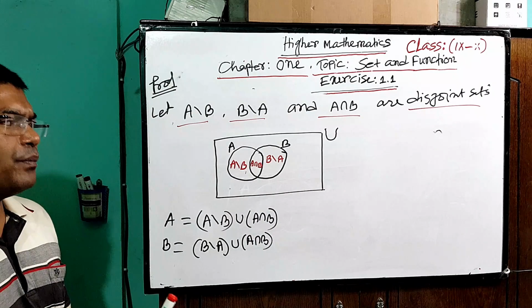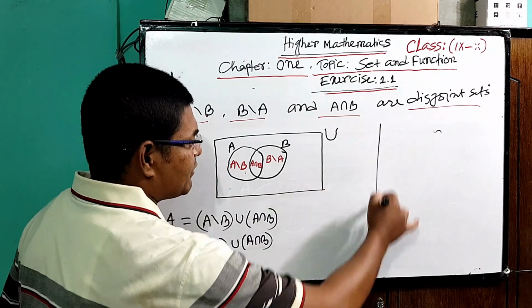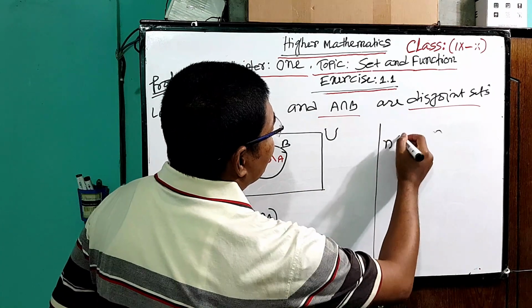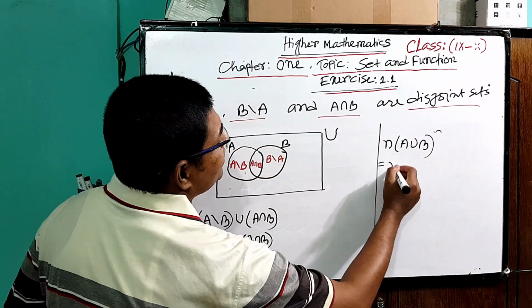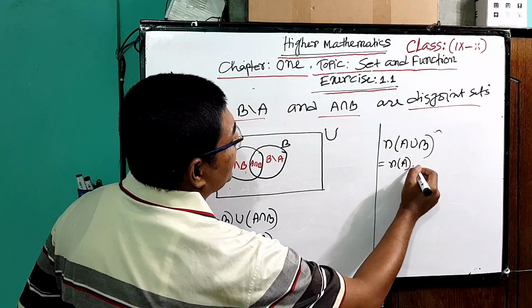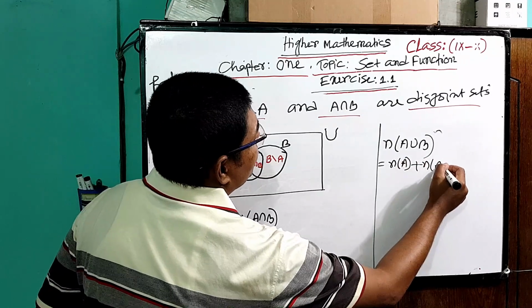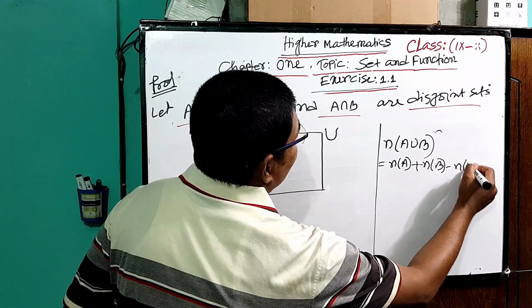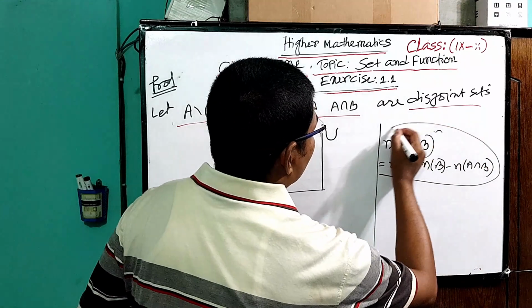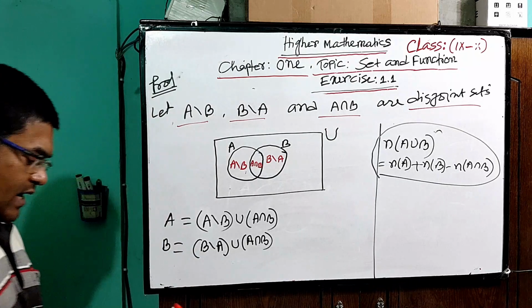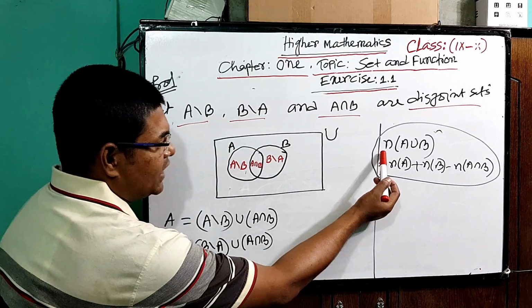We have to prove that the cardinal of A union B equals n of A plus n of B minus n of A intersection of B. This is our main question.